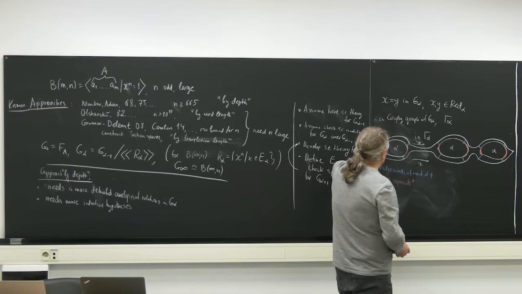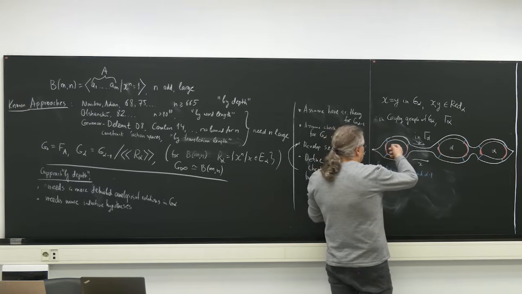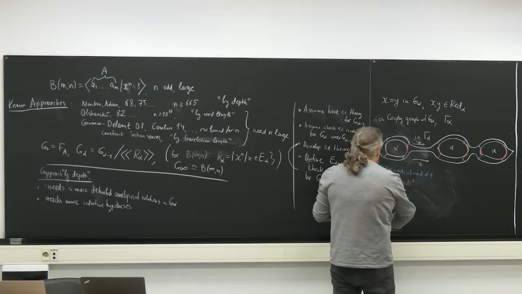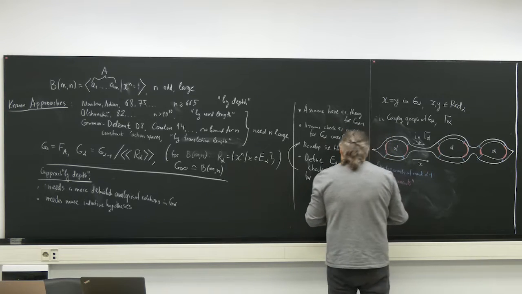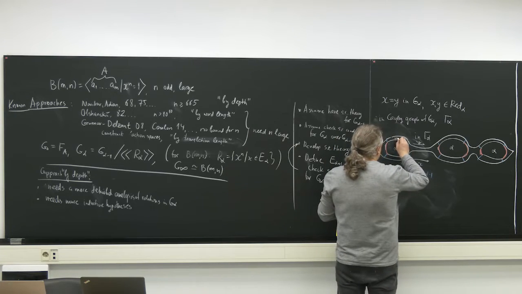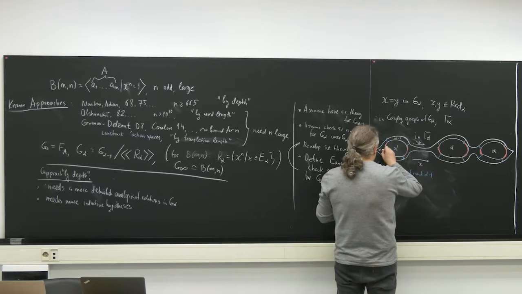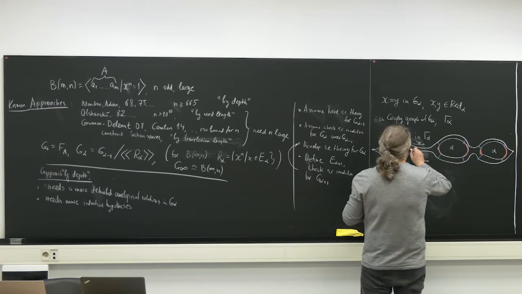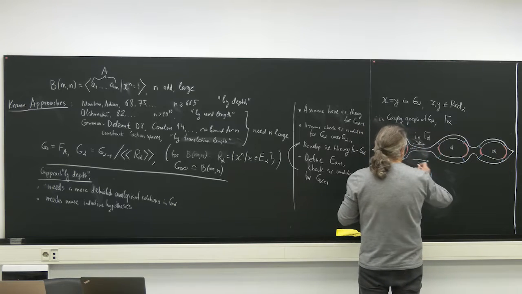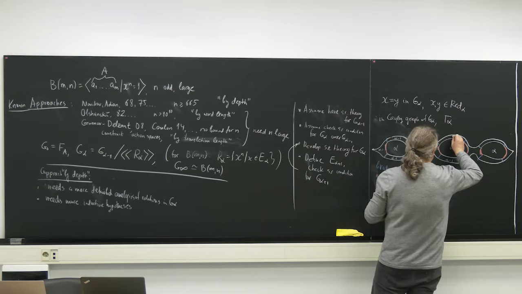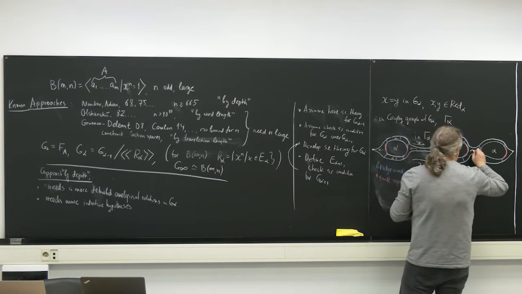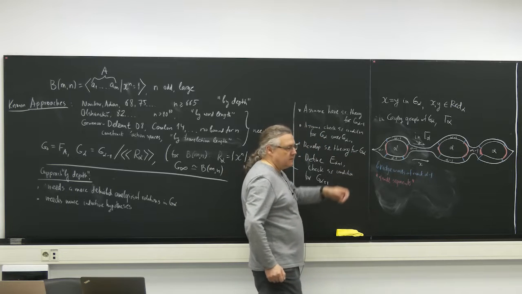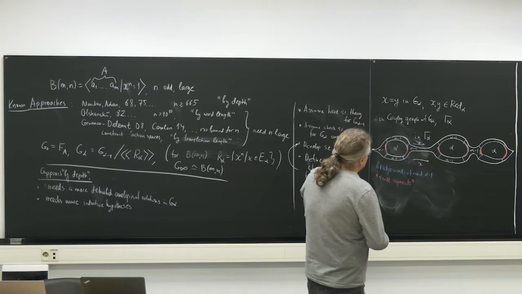The point is that all these loops correspond to relations of rank alpha minus 1. This means that all these loops can be lifted to the Cayley graph of rank alpha minus 1, and so on.